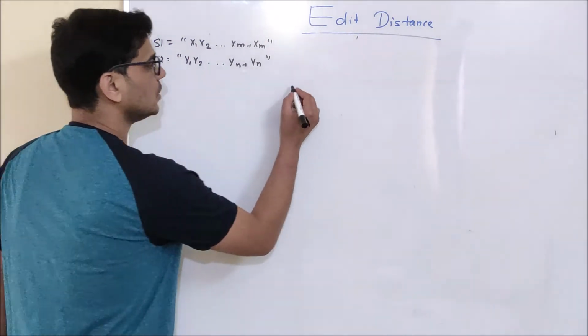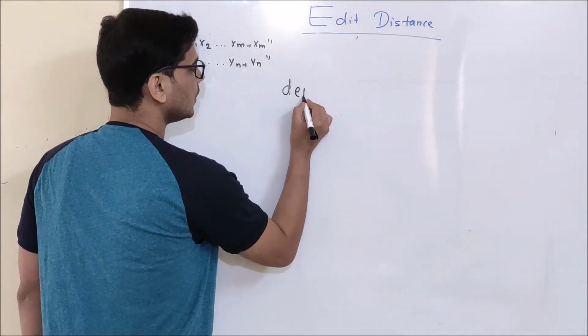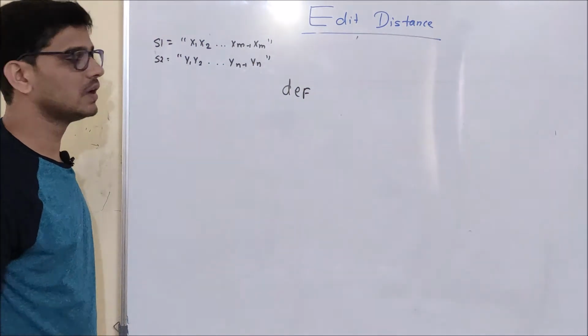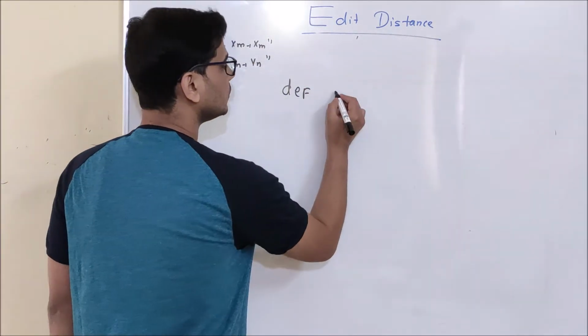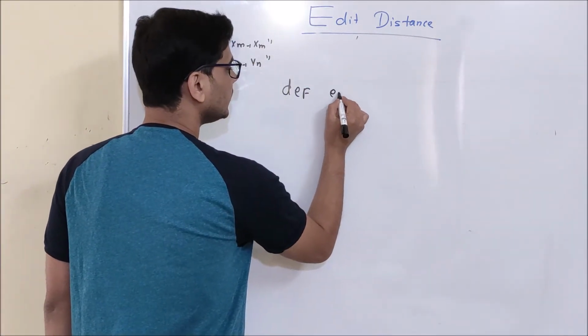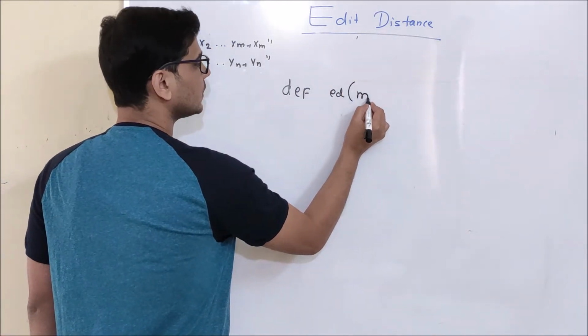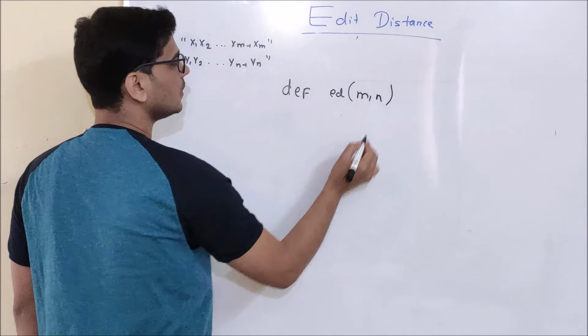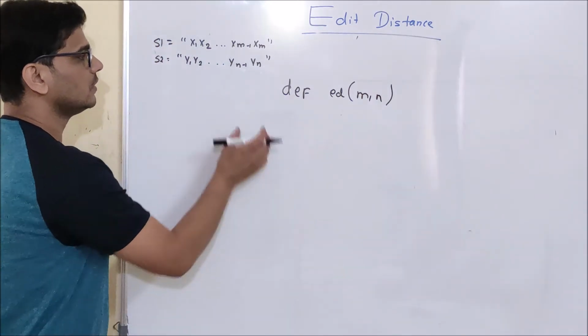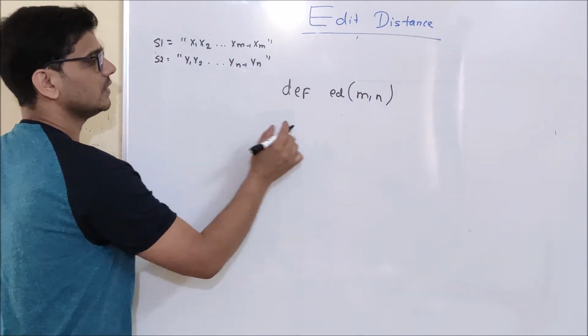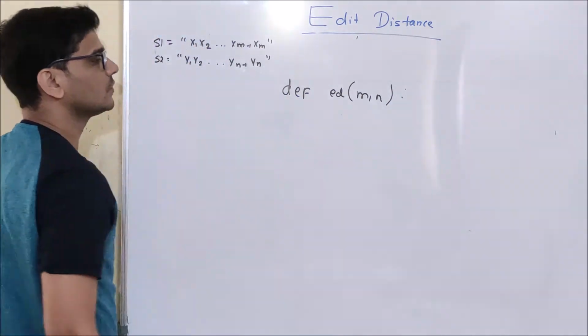Okay, so first of all, let's define the function. Def keyword to define the function, and let ed be the function name, and it will take two parameters m and n, where m is the length of the first string and n is the length of the second string.